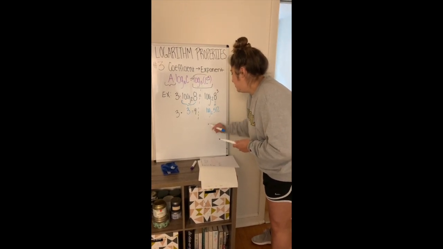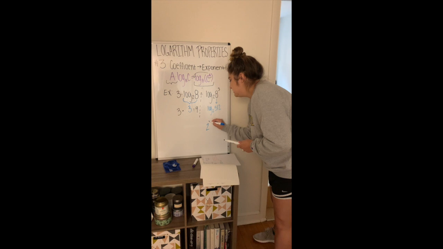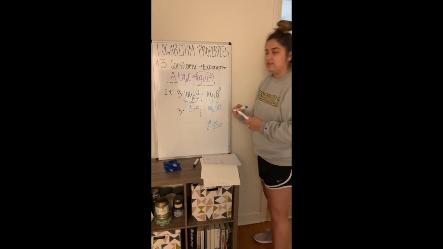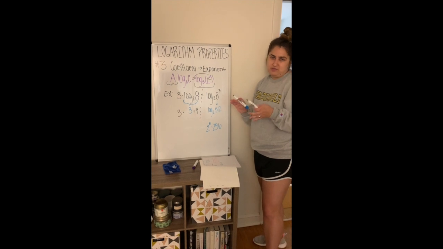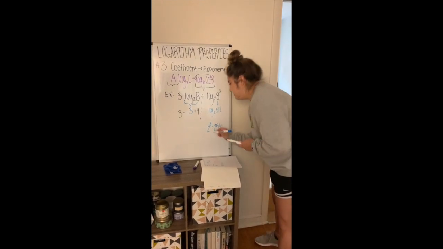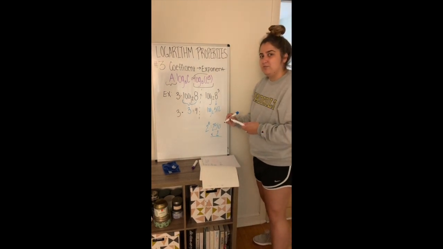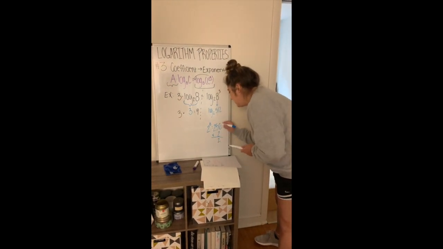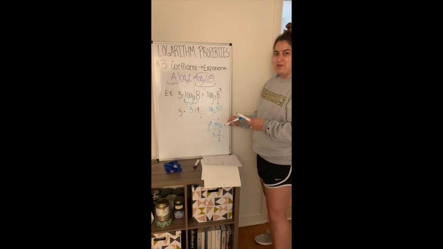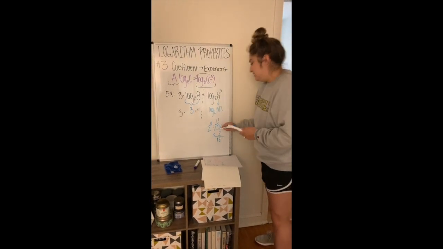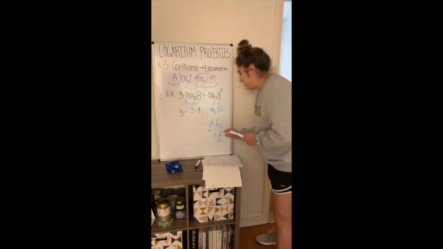that if we know that 2 to the 8th is 256, right? That one's a little more familiar to us. Then 2 to the 9th is just 256 times 2. So 6 times 2 is 12. 5 times 2 is 10 plus 1, that's 11. 2 times 2 is 4 plus 1, that's 5.